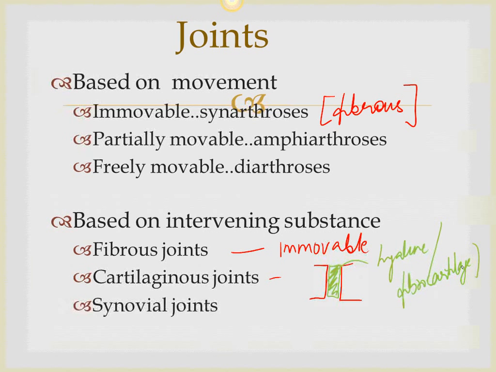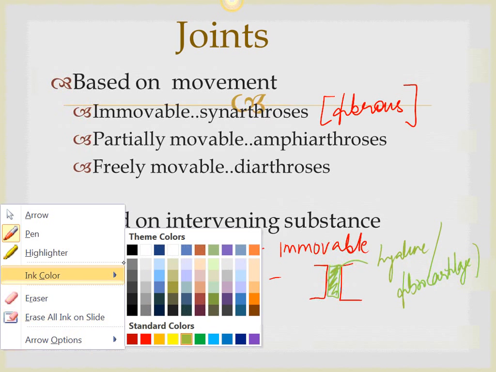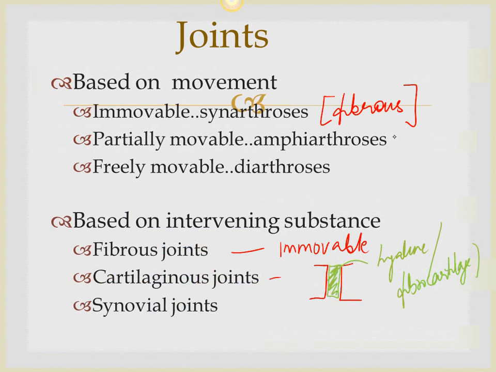Some of these cartilaginous joints allow a slight degree of movement. So we can put cartilaginous joints up here as amphiarthrosis. As a general rule, we can put cartilaginous joints here because they are partially movable. Not all of them, some of them.